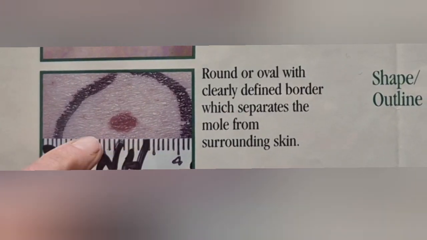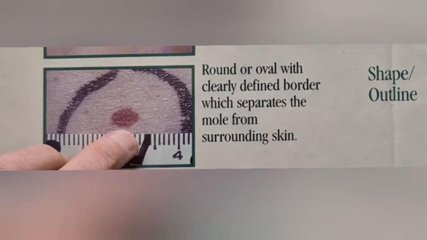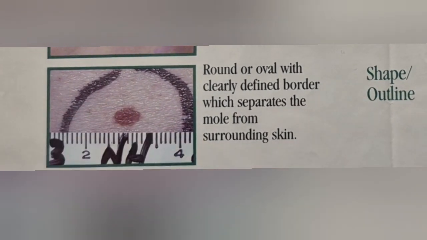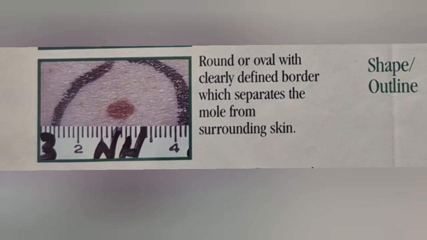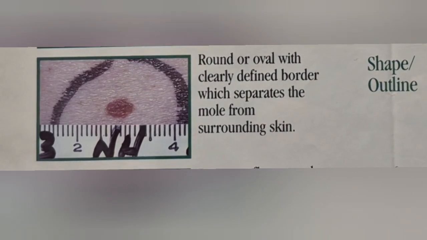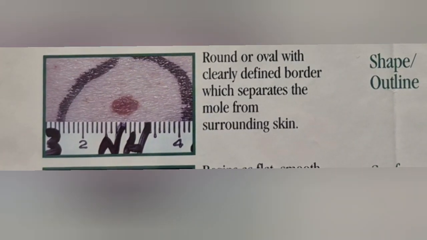That can be used to help to determine whether something is problematic or not. A normal mole, as you can see, has a nice even, uniform border. The color across the entire mole is uniform. It's generally a lighter brown or a reddish brown, but evenly pigmented with a normal border.